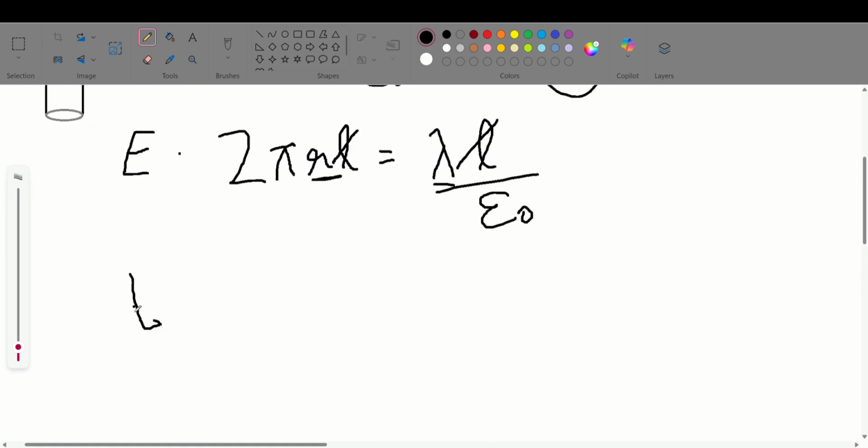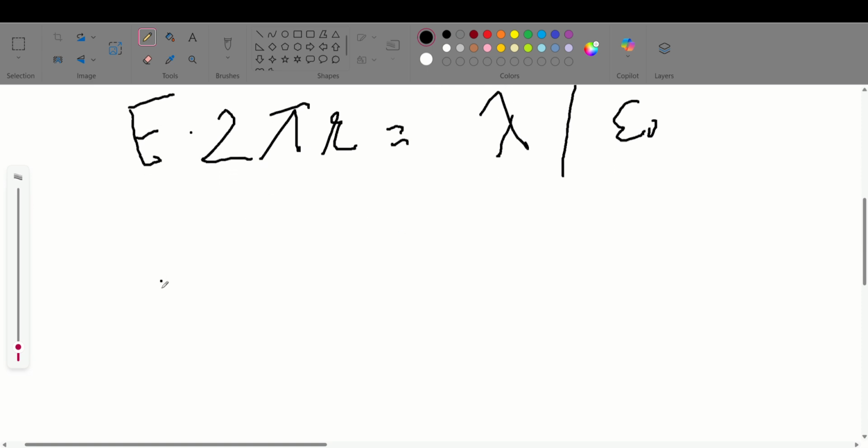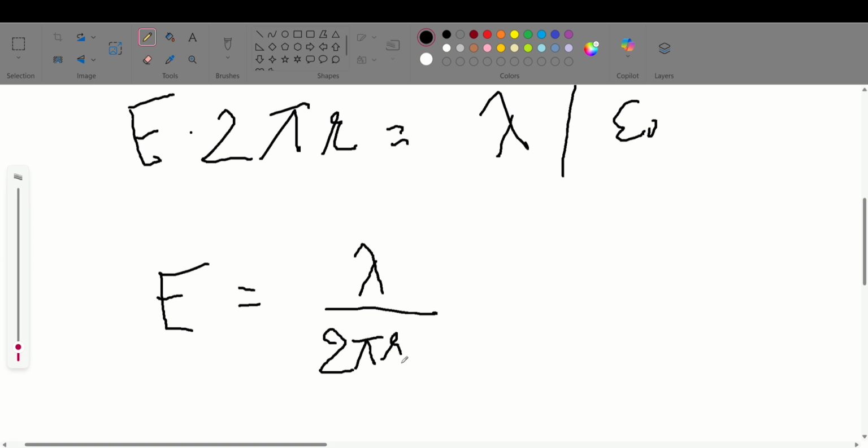So now we have E into 2 pi r is equal to lambda by epsilon naught. And if we just solve this equation, we have E is equal to lambda by 2 pi r into epsilon naught.